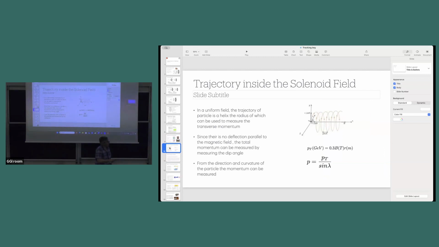And so you can measure the transverse component of the momentum from how much it bends, or the radius of curvature, and you can measure this dip angle to get the other dimension and get the component in the z direction as well.